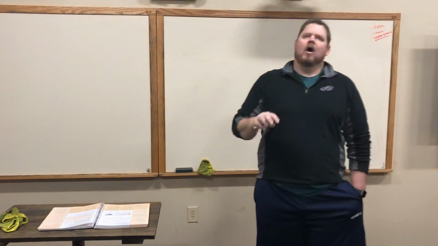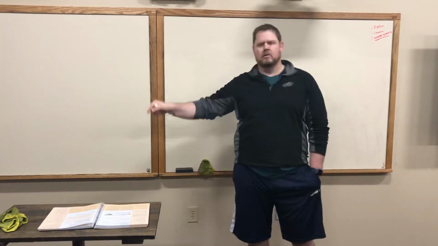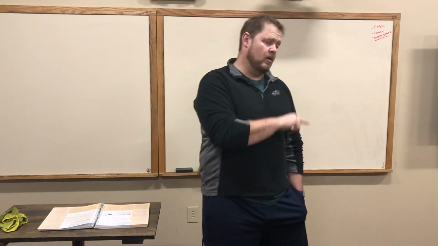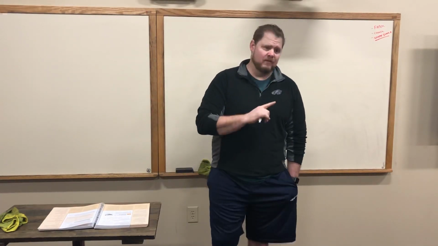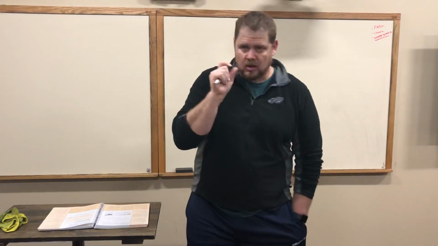Now, all of those said that the angles and the sides must be congruent. In this lesson, we're going to start talking about similarity. Remember, what does similarity do? It preserves the shape.